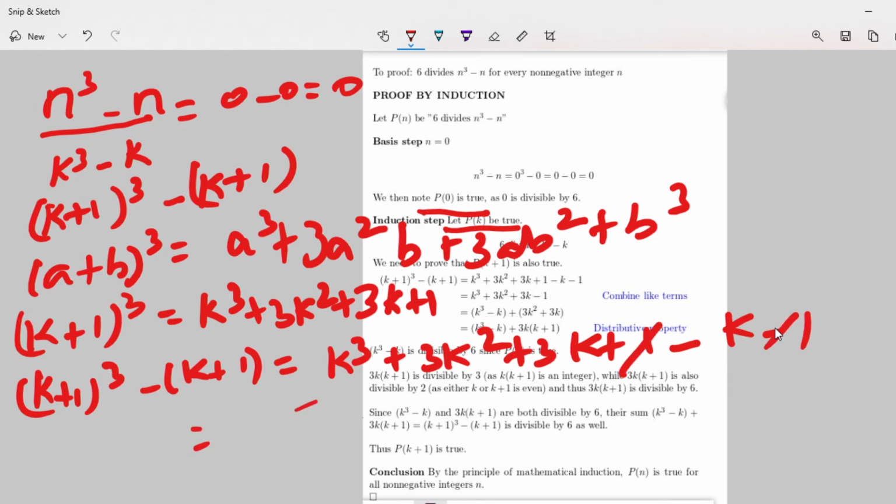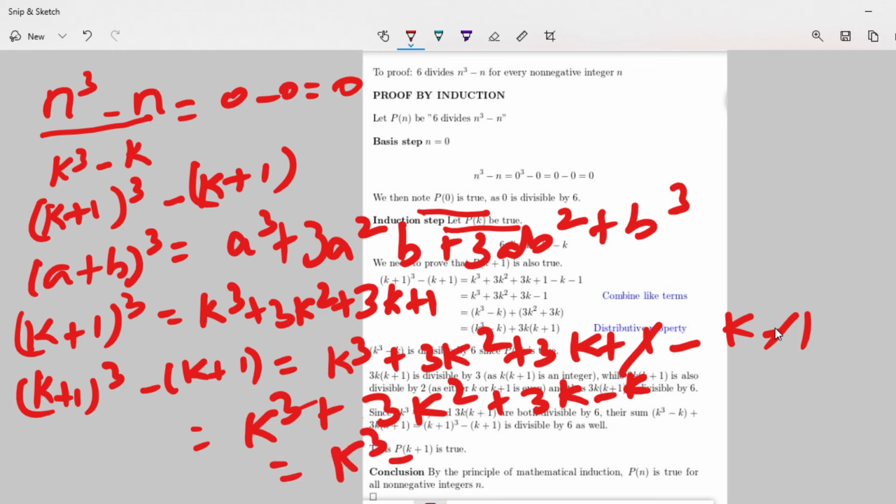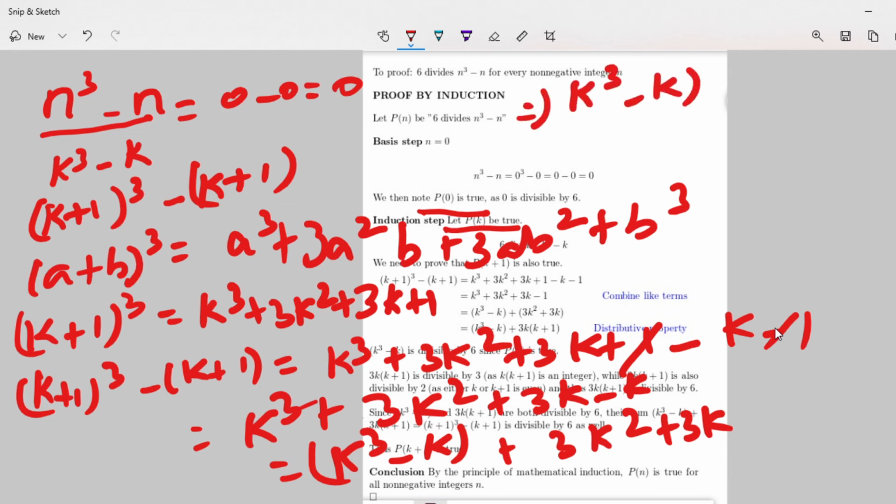So what is the remaining term? k cube plus 3k square plus 3k minus k. Okay, then we arrange the terms: k cube minus k, then 3k square plus 3k. So here 3 is the common term. So we can write this one as k cube minus k plus 3k(k plus 1).